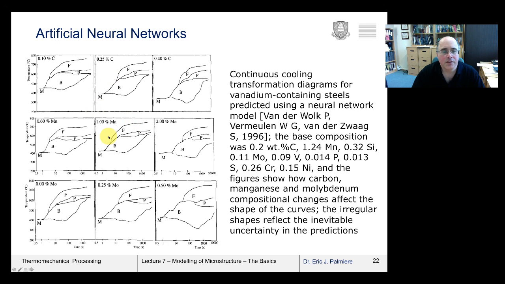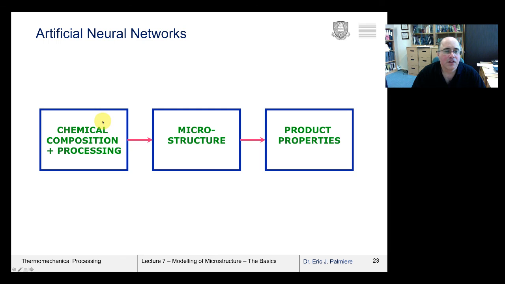And so this is a step up from modeling for properties alone. Indeed, this brings us to the last illustration in terms of an artificial neural network and the strategy.